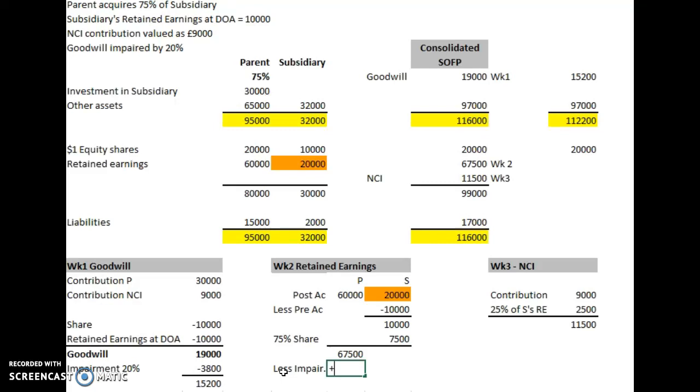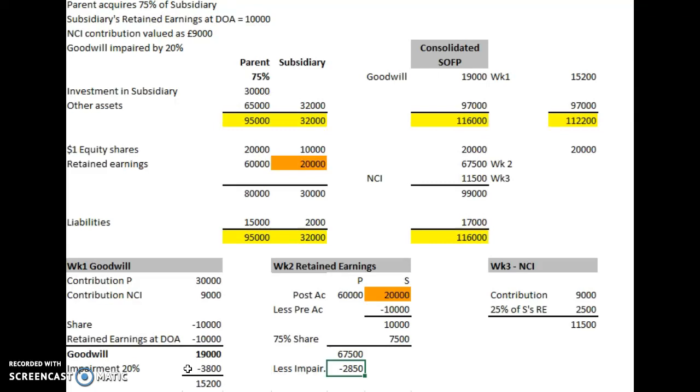And what we're going to do is take the impairment, 3,800, and it's the parent's share of the impairment. Now the parent's share was 75%, so it's 75% of the impairment, which is 2,850 as their share of this 3,800.